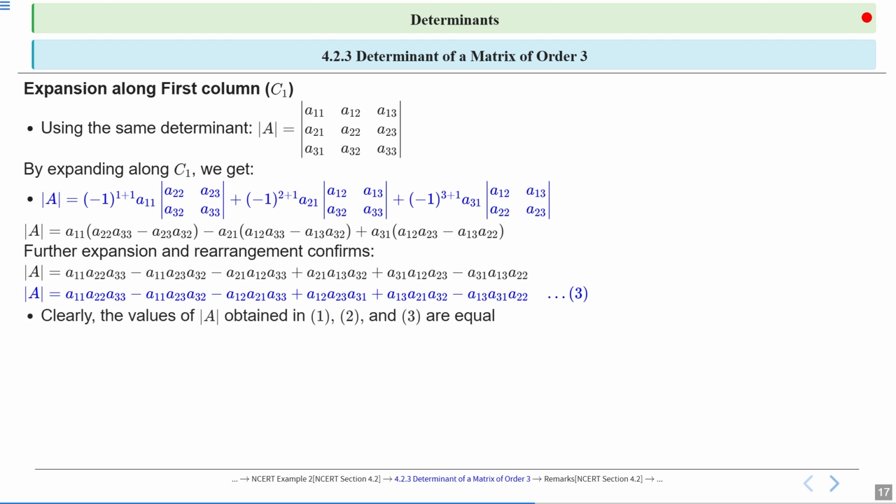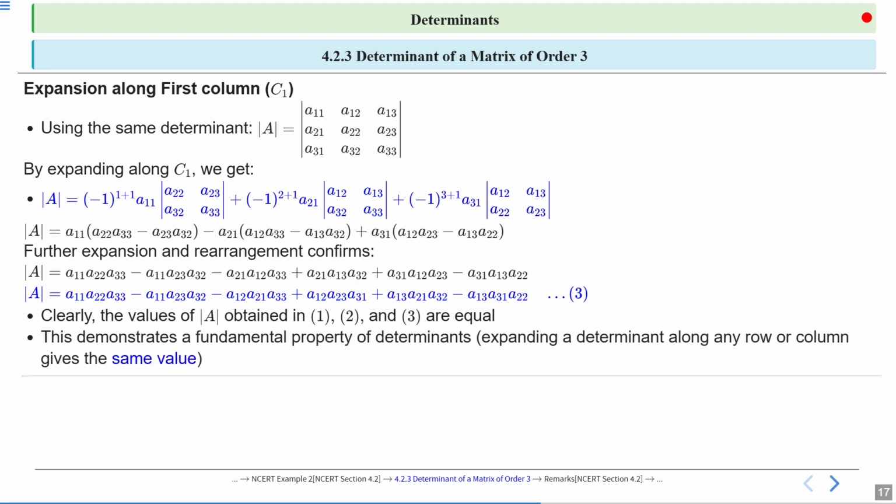We rearrange the terms because what we consider is equation 1, equation 2 and equation 3, all three are equal. Since clearly the values we obtained in 1 to 3 are equal, this demonstrates a fundamental property of determinants: expanding a determinant along any row or column gives the same value. Okay.